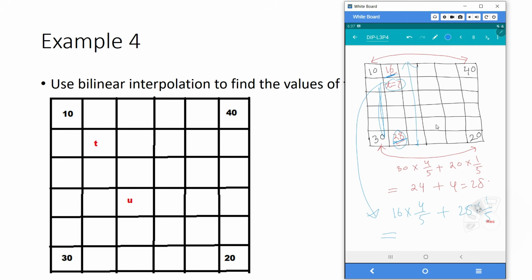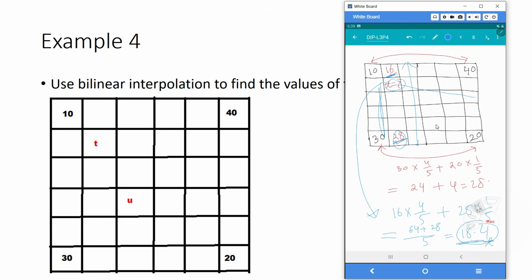So 16 times 4 over 5 plus 28 times 1 over 5, we have 64 plus 28 divided by 5, so 18.4. So the value of t is 18.4.